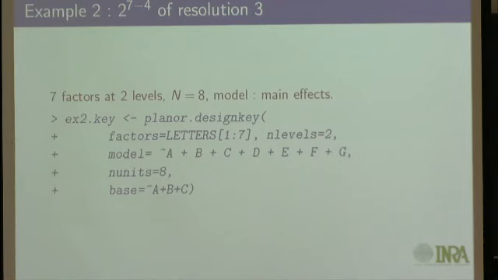So this is just to go a bit further, but I will go very fast here. Of course, people who know about regular fractions know that it's possible to add factors, but with stronger assumptions on the model. So if we assume there are only main effects in the model, we can go up to 7 factors.